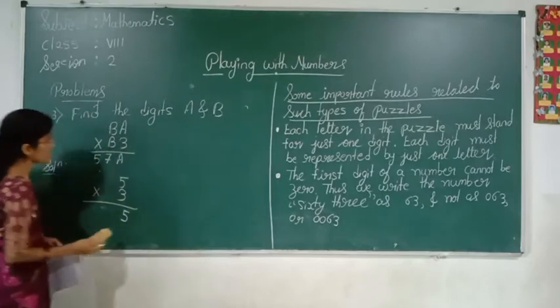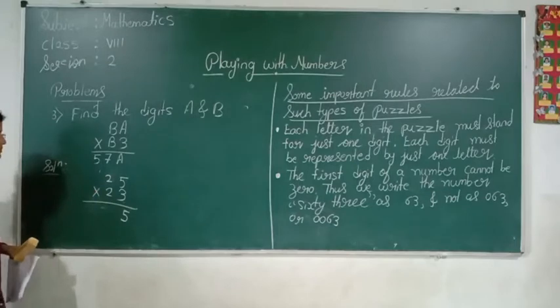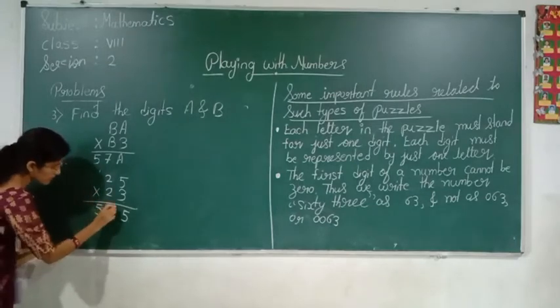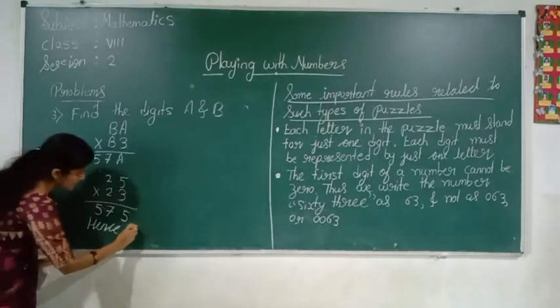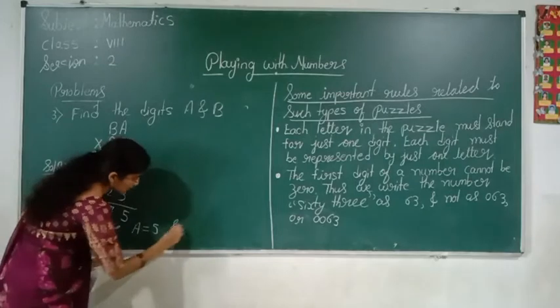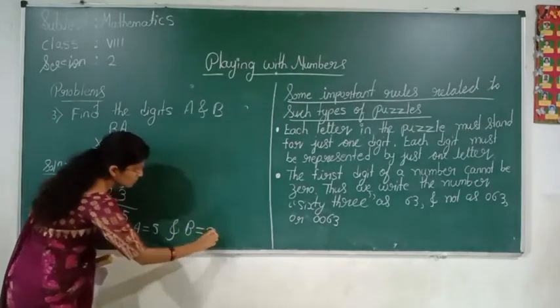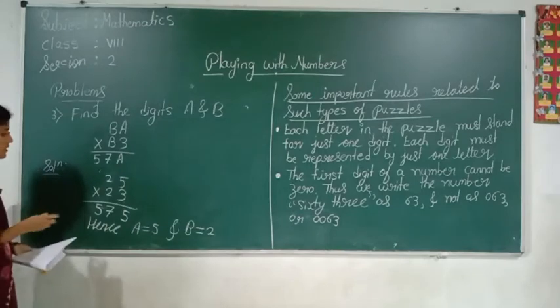It means I can tell that the B value is 2. If I do this, I am going to get 575. What can I tell? Hence A is equal to 5 and B is equal to 2. Okay. Now understood? See here.